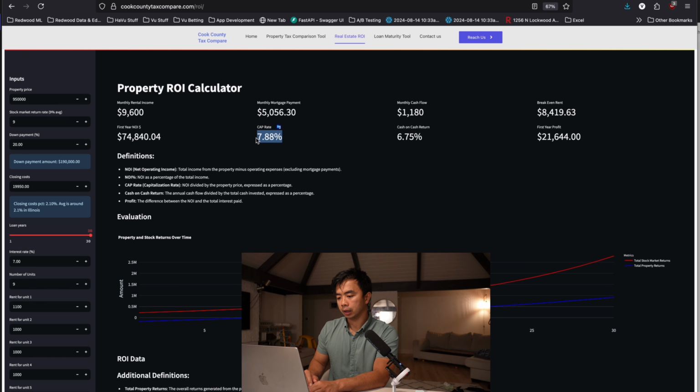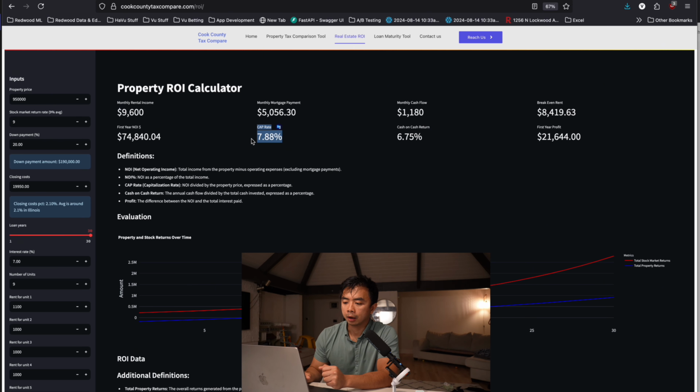Cap rate is 7.9%. So cap rate is pretty much your net operating income, your profit, not subtracting your mortgage payment, divided by the property price.